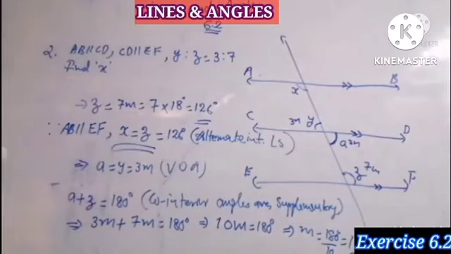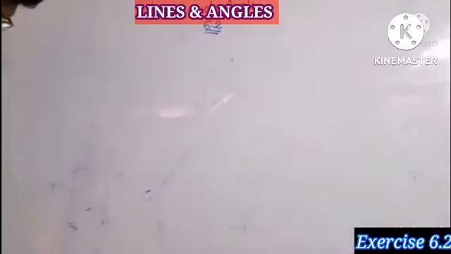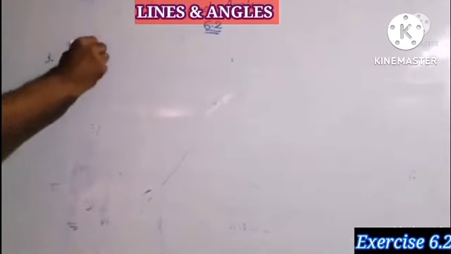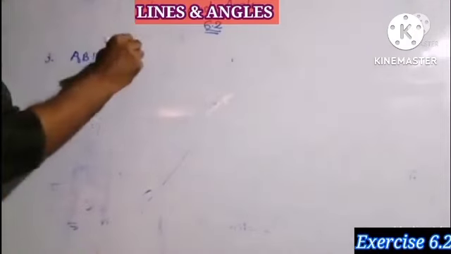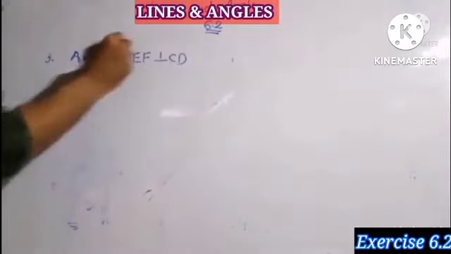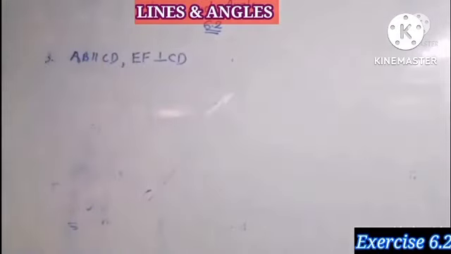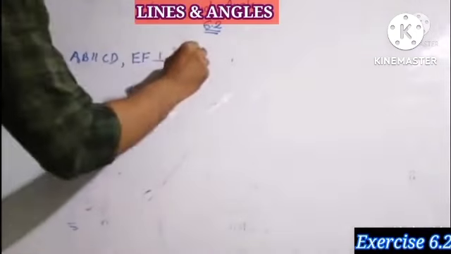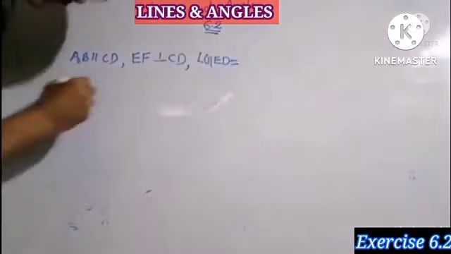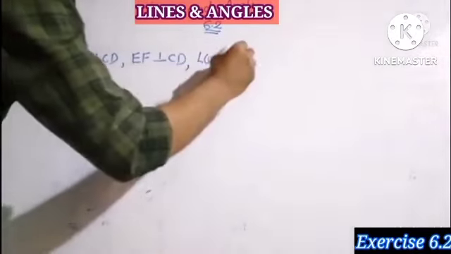Now come to the third question. In figure 6.30, AB is parallel to CD, EF is perpendicular to CD, perpendicular means intersecting at a right angle, and angle GED equals 126 degree.